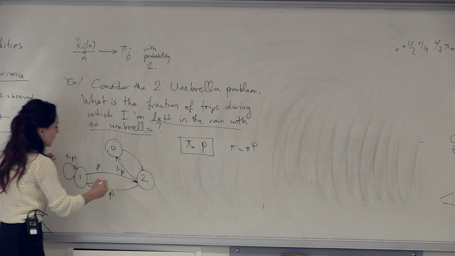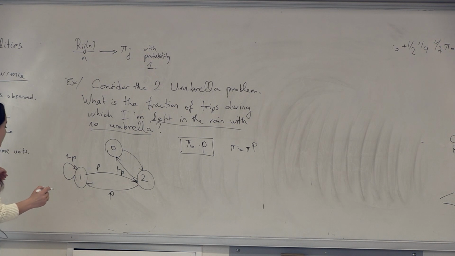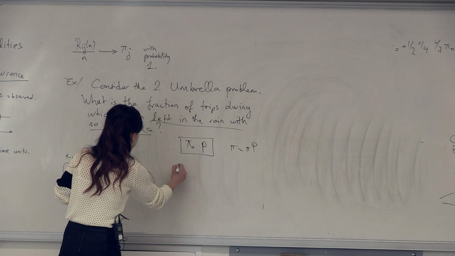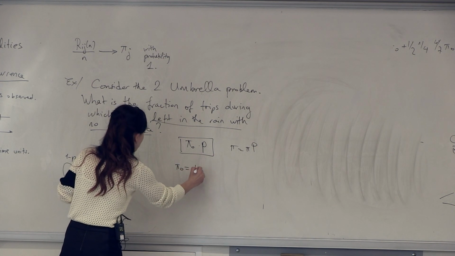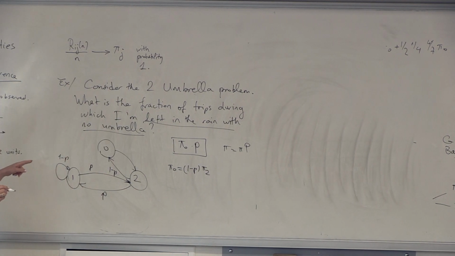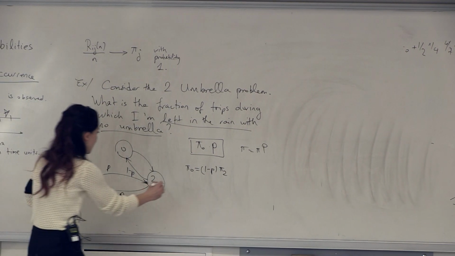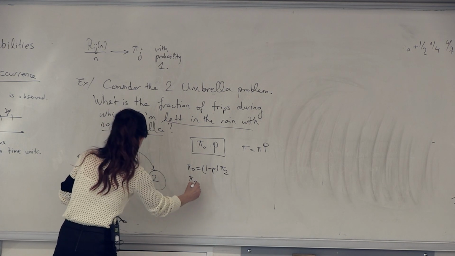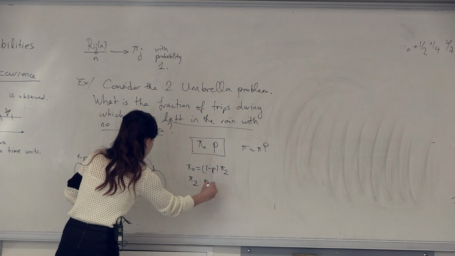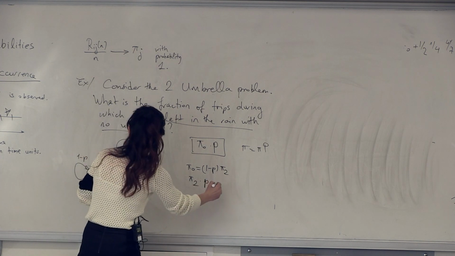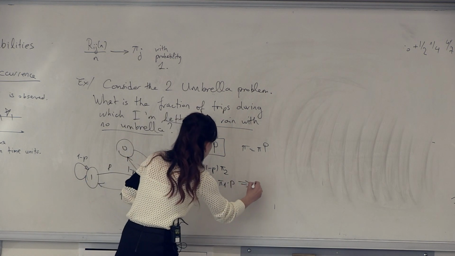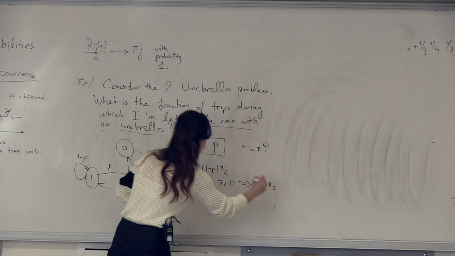Yes. Okay. So let's compute pi equals pi P. How do we do this? Pi 0 is equal to 1 minus p times pi 2. Agreed? Pi 2 times p is equal to pi 1 times p, so it turns out that pi 1 is equal to pi 2.